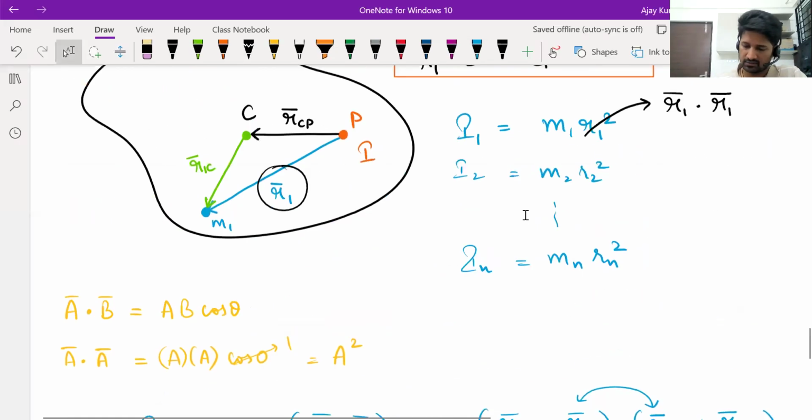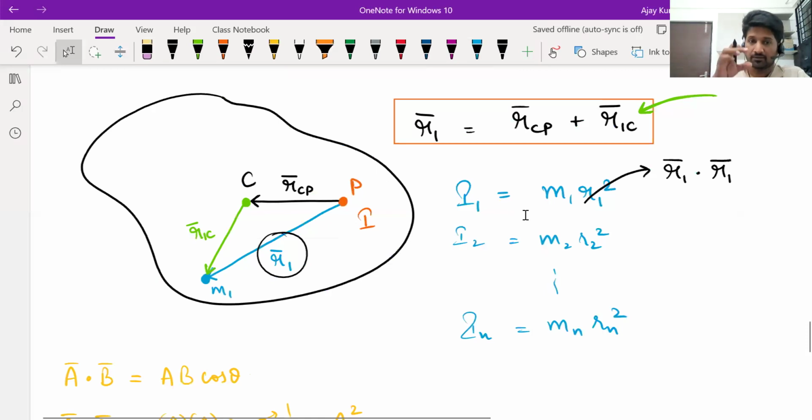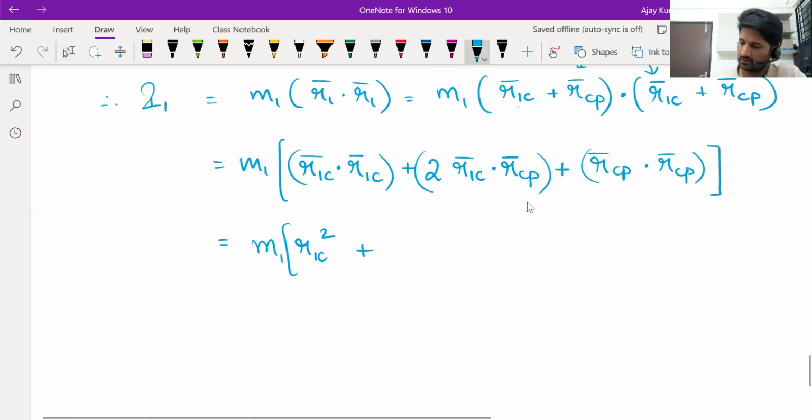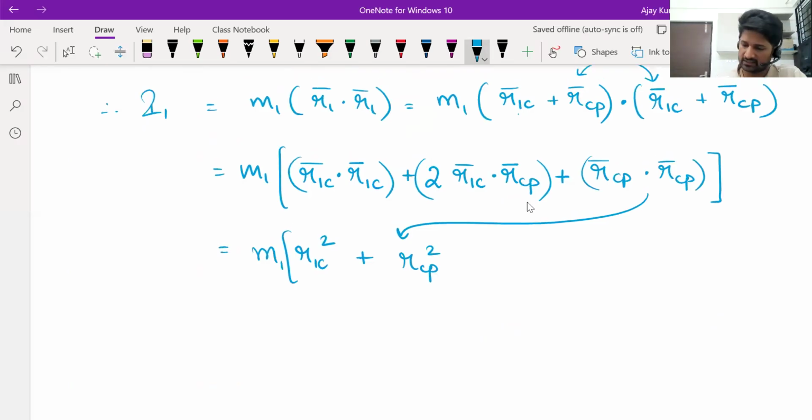What is r1c? Let's look at the diagram again. r1c is the distance of the particle m1 from the axis passing through the center. You have to square that distance. Next, the last term: rcp dot rcp becomes rcp squared. Now what is rcp?